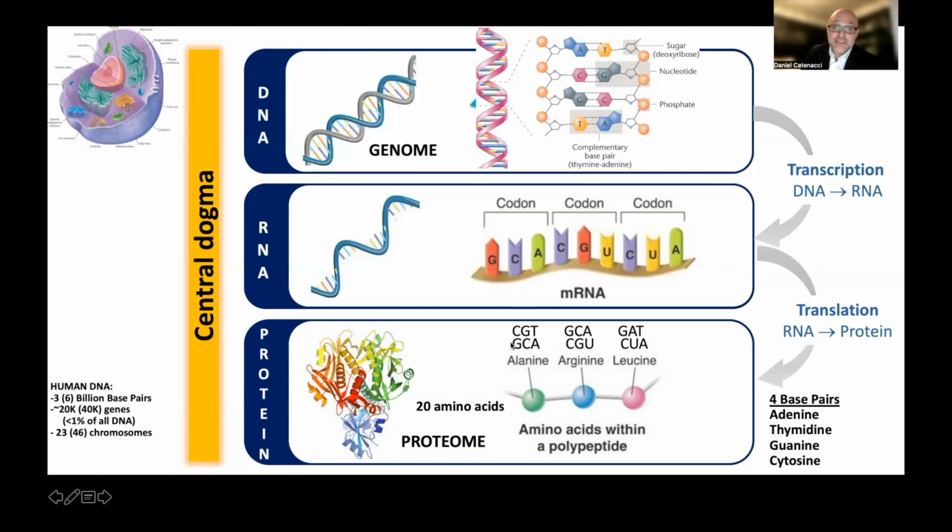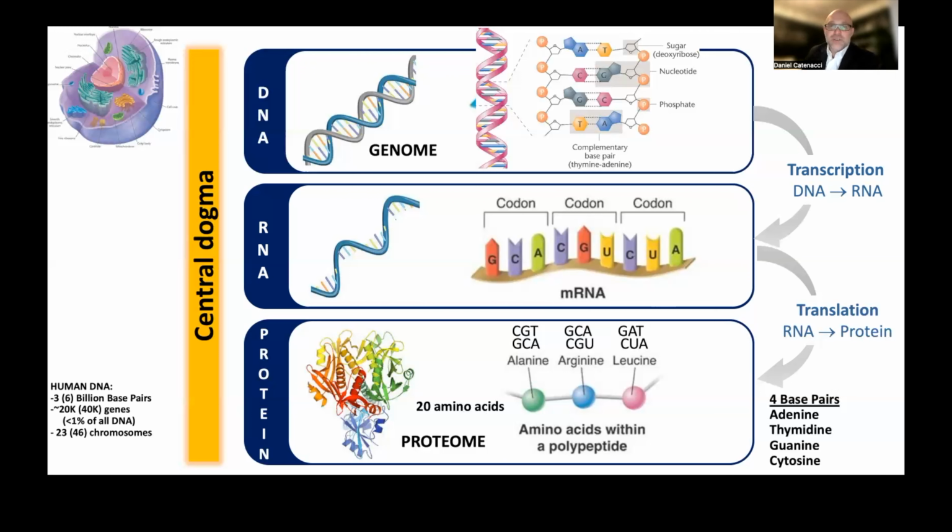So in this case, a GCA specifies that an alanine amino acid should go here, denoted with a green, etc. Again, it's the specific sequence of these amino acids, which ultimately is dictated by the sequence of the base pairs in the DNA, that makes this protein unique and doing its specific function.